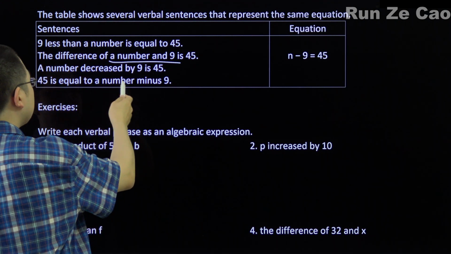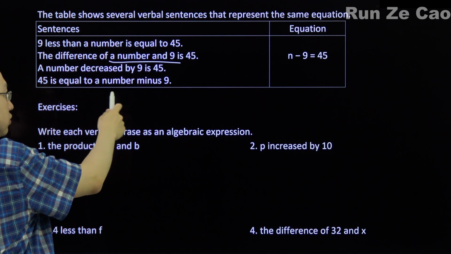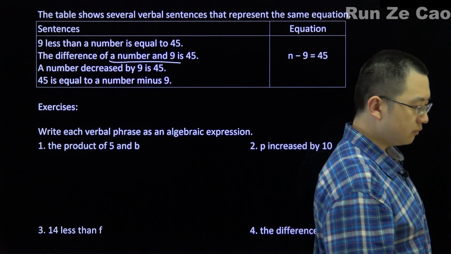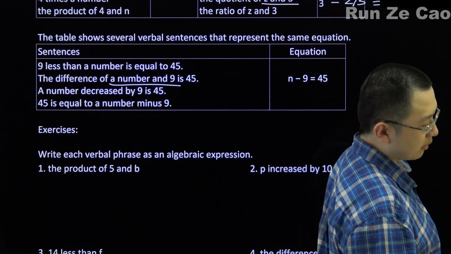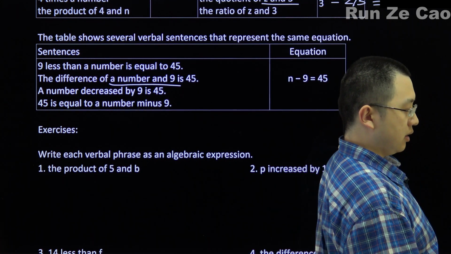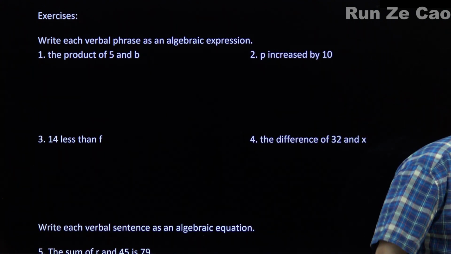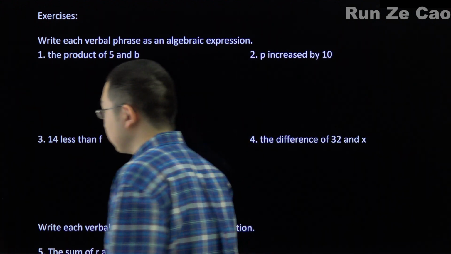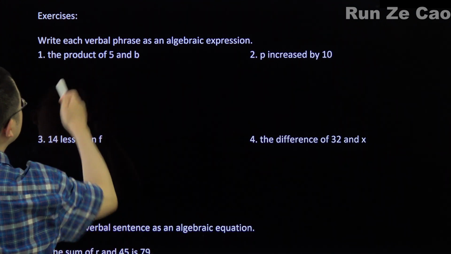A number decreased by 9 is 45. 45 is equal to a number minus 9. Here we could actually have used any symbol, but we used n just arbitrarily. We could have written A or B or C or whatever, because it didn't specify the letter used for the variable in any of those expressions. But here it sure does.